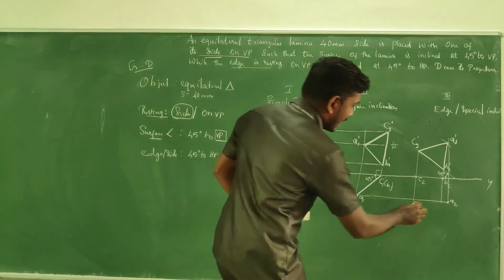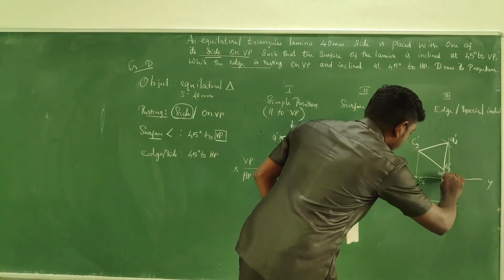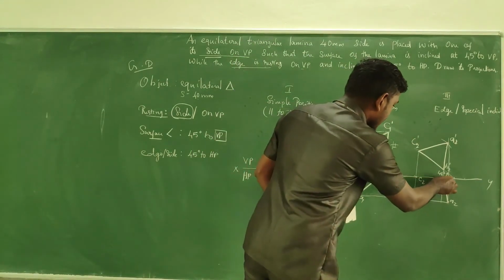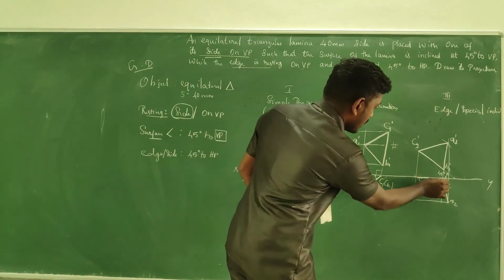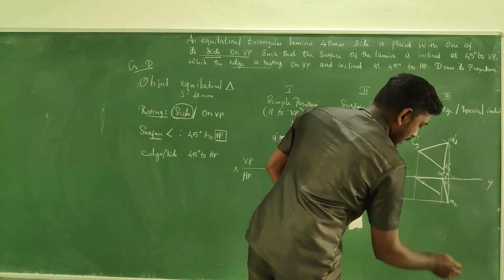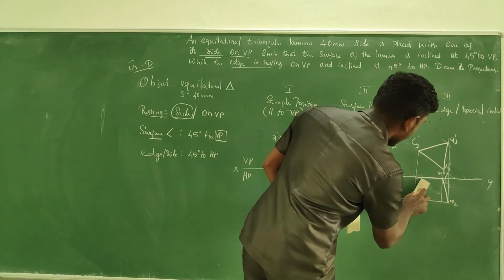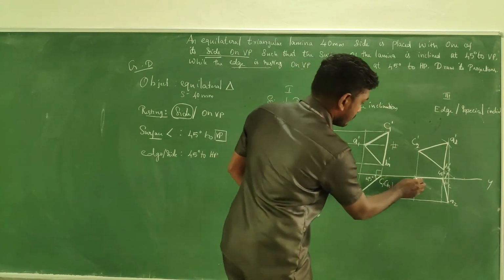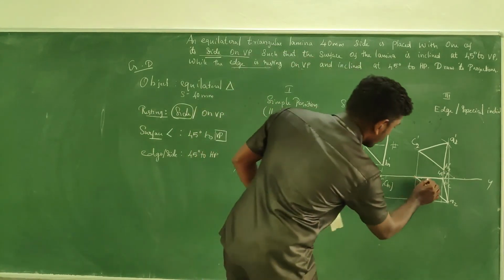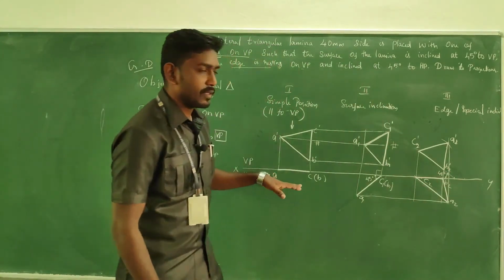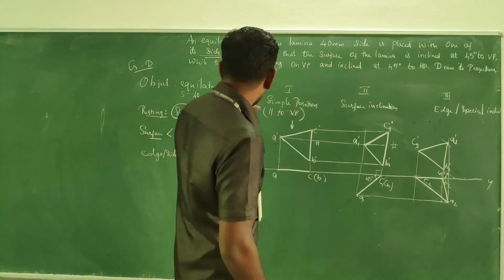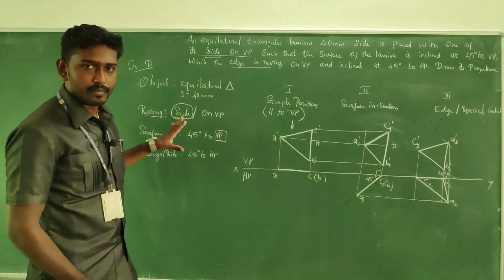If you connect a line A to B, you get the edge AB, and if you connect B to C, you get the edge BC, and if you connect C to A, you get the edge CA. Fine. So this is the final top view, and this is the final front view for this condition.